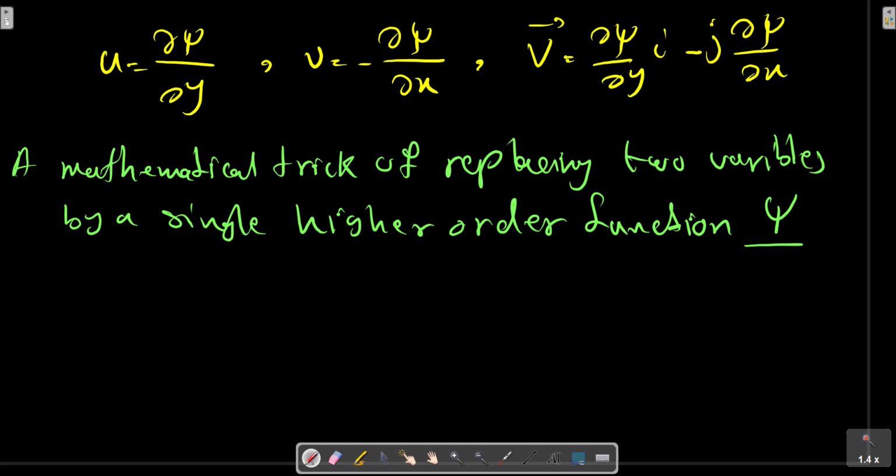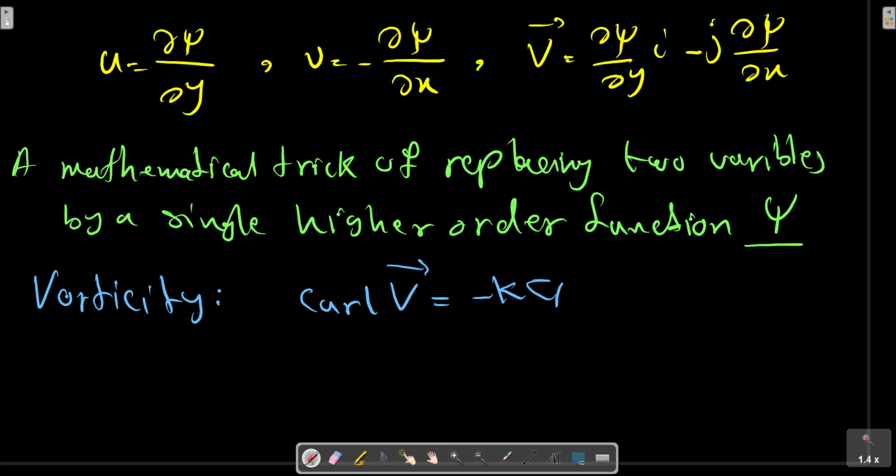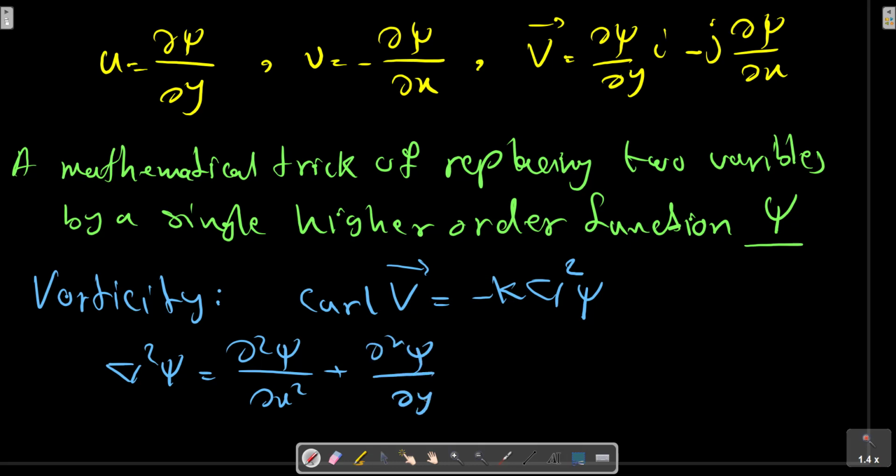We can also have a definition for vorticity, which is defined as the curl of the velocity vector and equals the gradient squared of the stream function, where the del squared psi is the second order derivative of psi and is a scalar quantity.